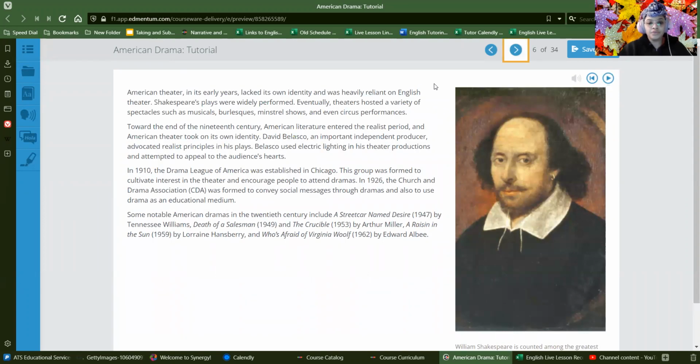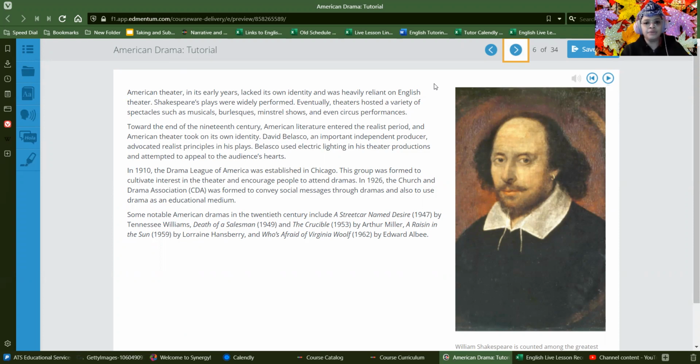Now, they give you the actual background, not just of who brought drama to America, but what it looked like in earlier years. They talk about how American theater lacked its own identity. Basically, people participating in American drama at the time were just performing plays from Europe, specifically Shakespeare's because his were so famous, but there were others.